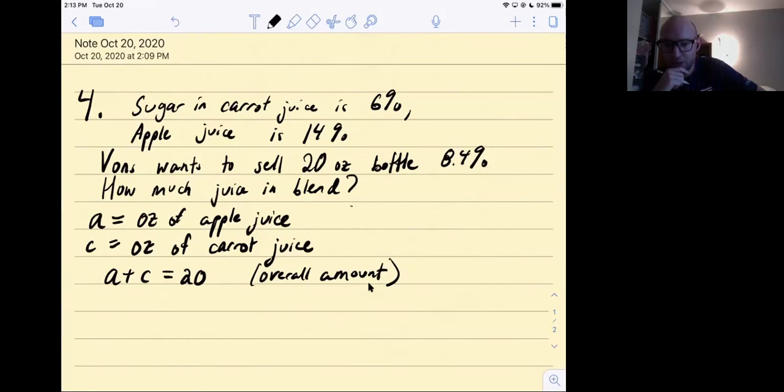Nice, Ariana, exactly. When you're talking about concentration, you want to focus on the overall sugar. It's like each course has some number of credits, or each pound of green tea costs some amount of money. Here, each ounce of apple juice has some percent of sugar in that juice.